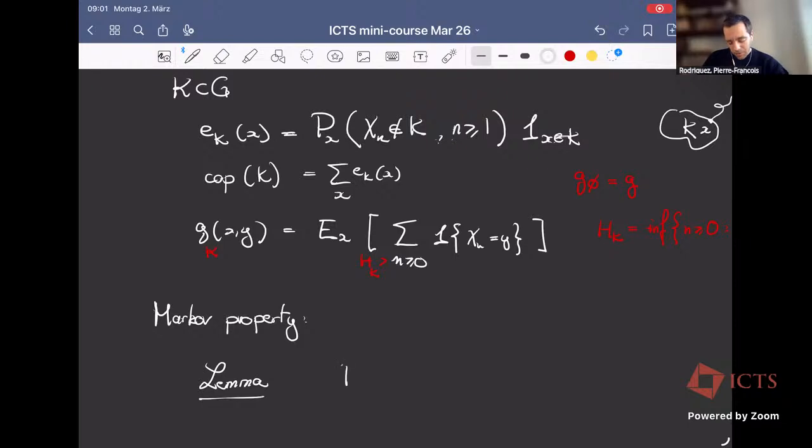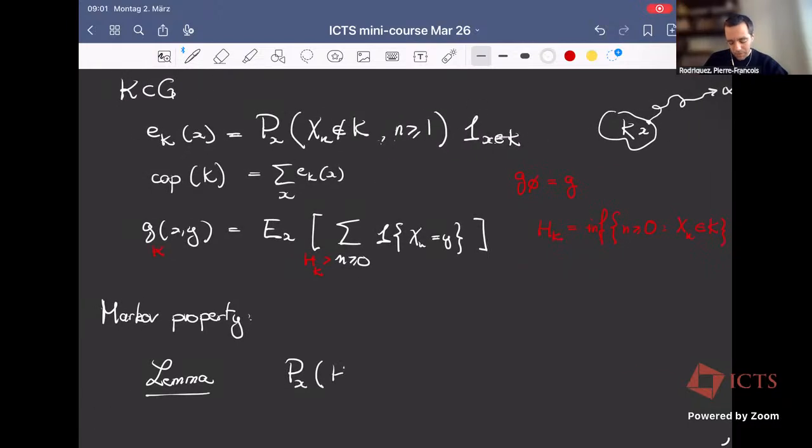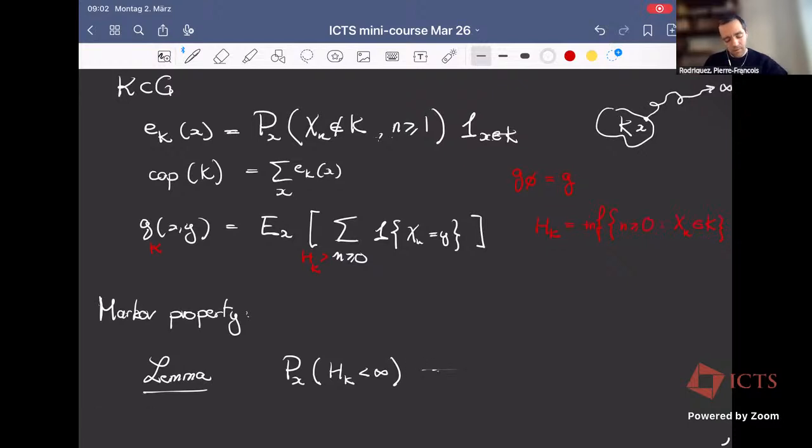probability that the random walk visits K, which, if you have access to this HK quantity, you can just write as HK being finite. So of course, this is not the probability one event when your graph is transient. Then actually, you can write this as a sum over y.